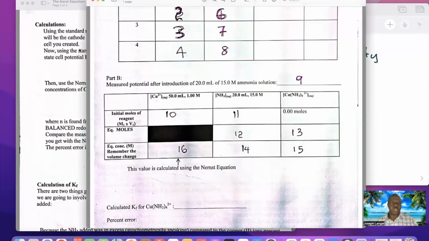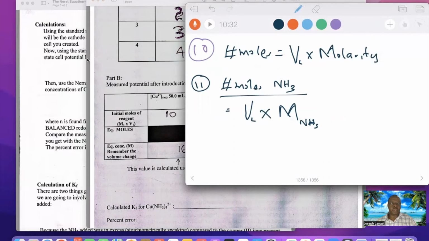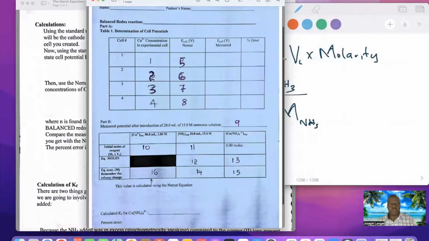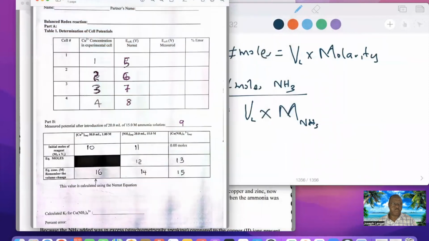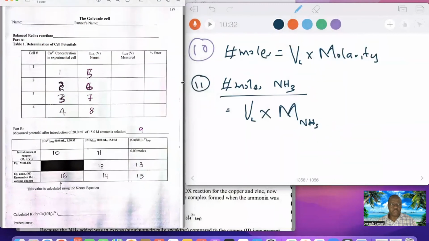That's what we need to use in line 11, molarity. All right, let's see this. Maybe I should have just minimized this. I can move it here and then split my screen so that we have that.